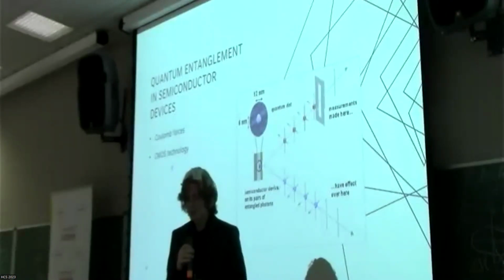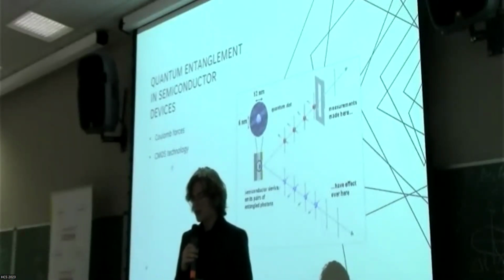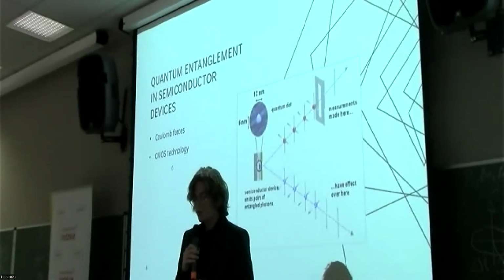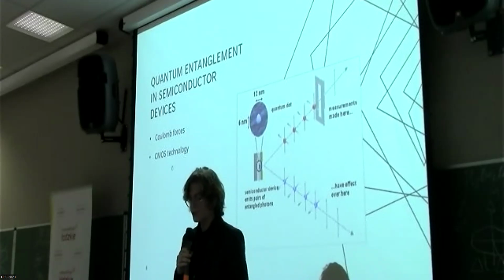This means that measuring the state of the first qubit will immediately tell us the state of the second qubit, even though they are physically separated. Entanglement is a unique quantum phenomenon with no classical equivalent, and it allows quantum computers to solve complex problems much faster than the classical ones.